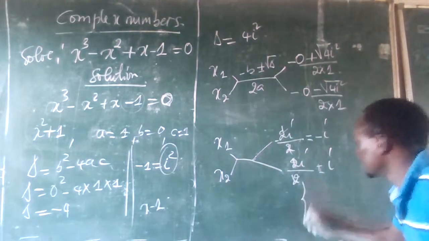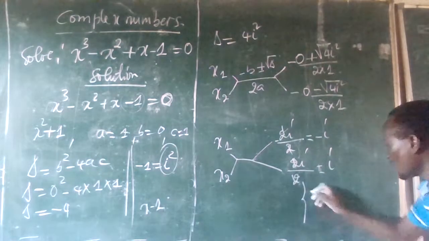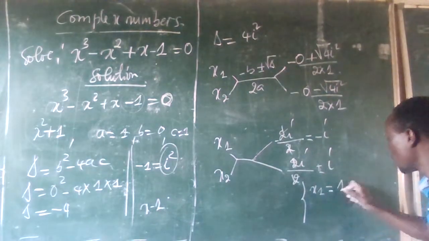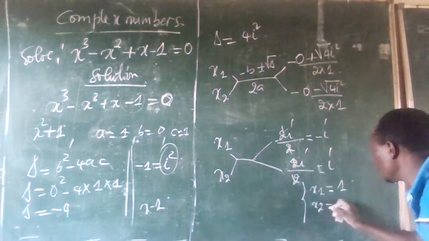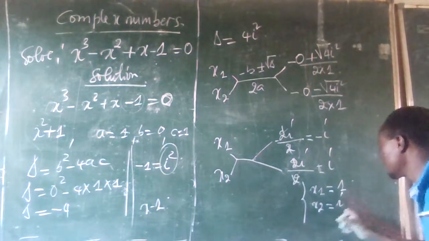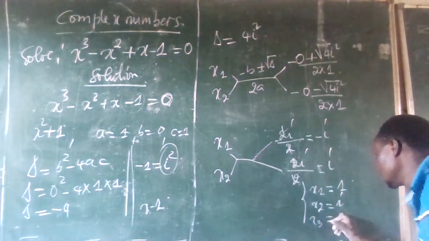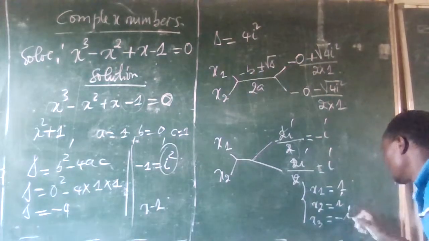Finally, x1 is equal to 1, x2 is equal to i, and x3 is equal to minus i.